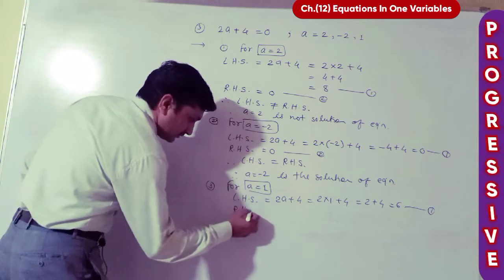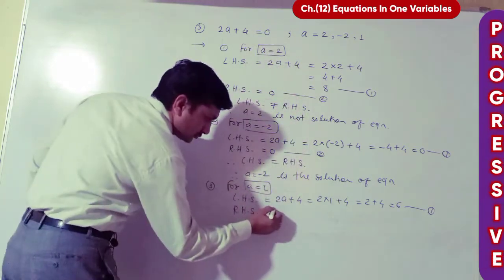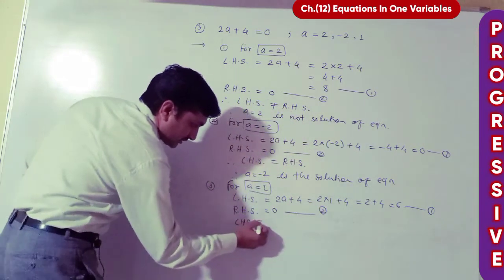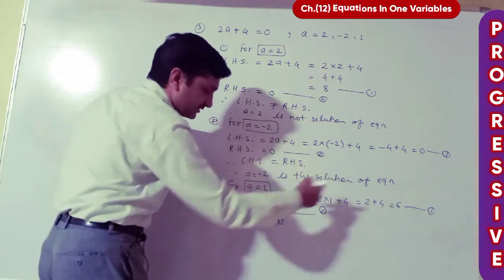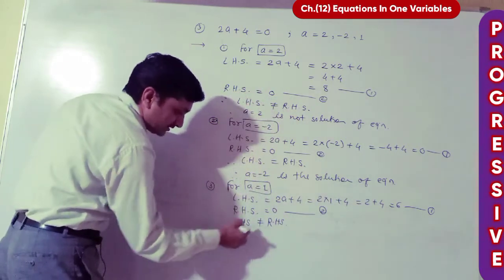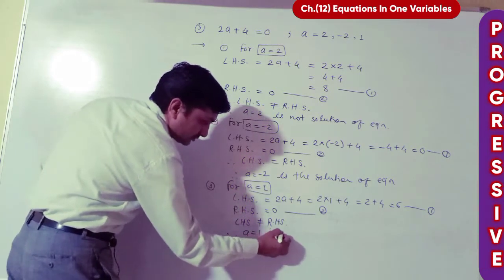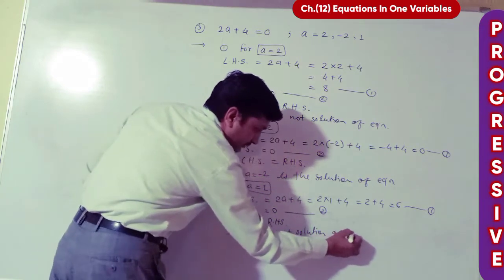Right hand side is 0, number 2. LHS is not equal to RHS now, because LHS is 6, RHS is 0, and as these are not equal, we can say a is equal to 1 is not a solution of the equation.